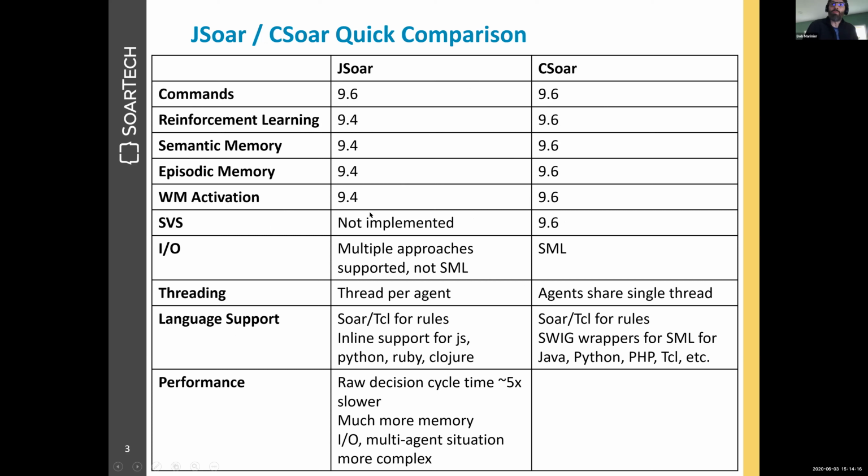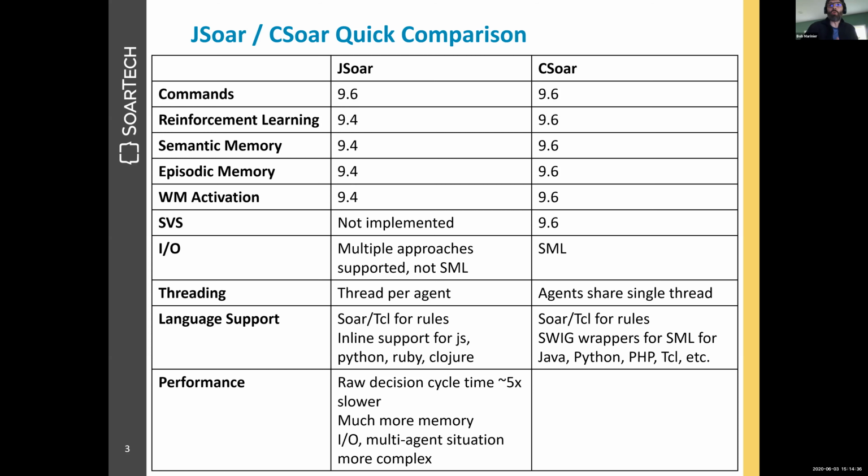That was the last time that they were updated. It was actually updated a couple months before 9.4 came out, so 9.4-ish. SVS was never ported to JSoar, and I think that is not going to be a direct port, is what it boils down to. And then there's a bunch of other differences.